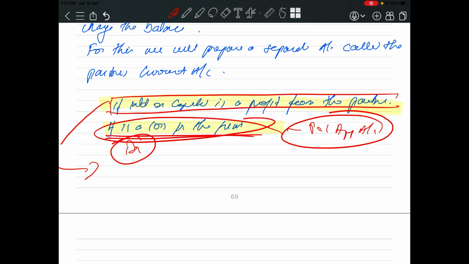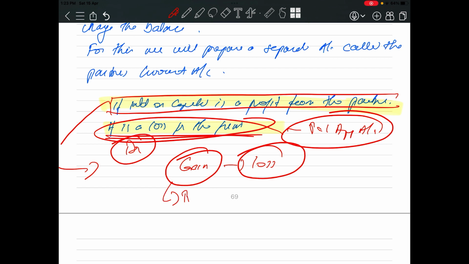Similarly, if a partner has been charged interest on drawings, interest on drawings is a gain for the firm, but it is a loss for the partner. So if interest on drawings charged to the partner is taken to the P&L appropriation account, it will be taken to the partner's capital account also.